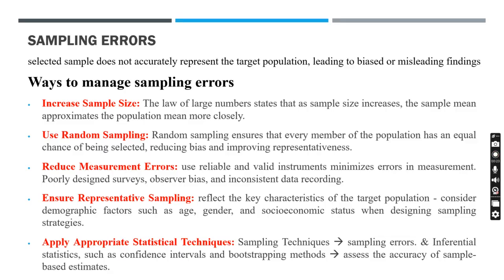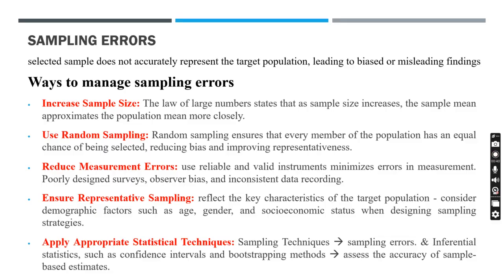When we talk about errors, how do errors happen in sampling? We said that the sample should be representative of the population, should represent the key characteristics of all the population.